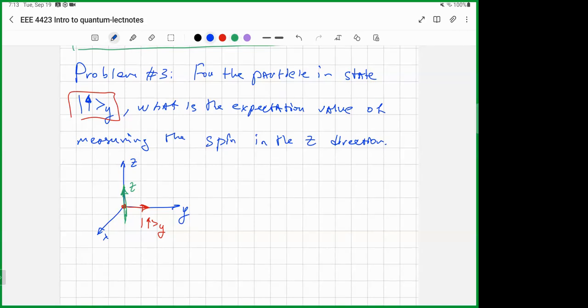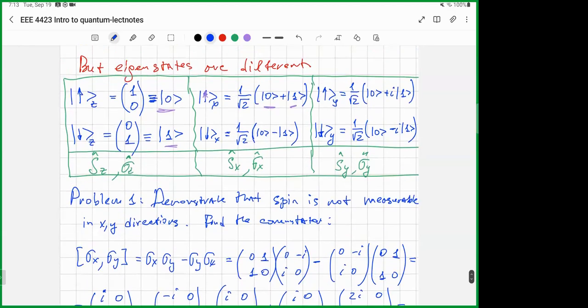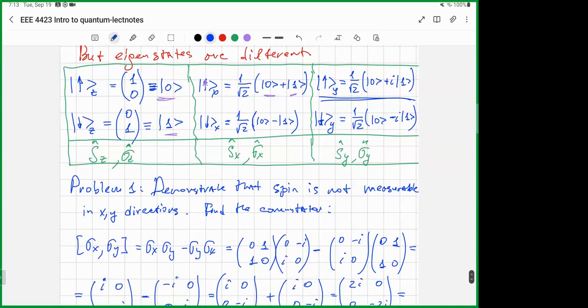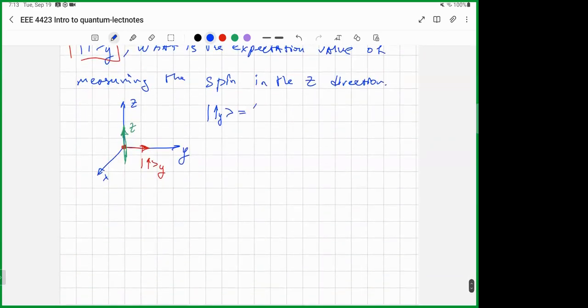Okay, so let us prove this assumption. For the up y state, we have 1 over square root of 2 times the 0 state plus i times the 1 state.